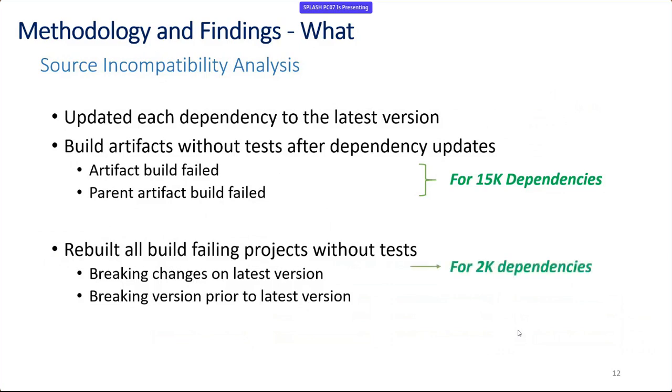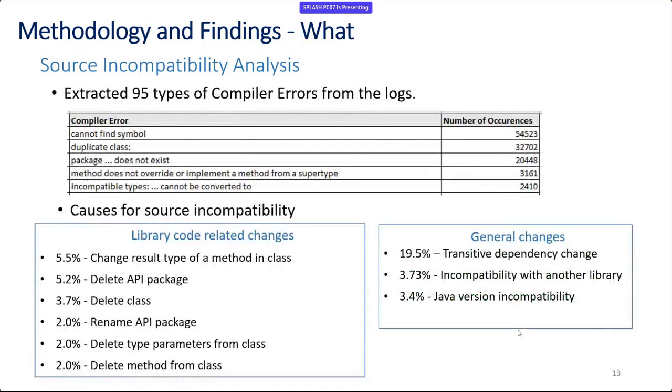Based on that, we identified that the breaking changes were introduced in the latest version for around 2,000 of these dependencies, and the breaking version prior to the latest version was available for 30,000 of these dependencies.